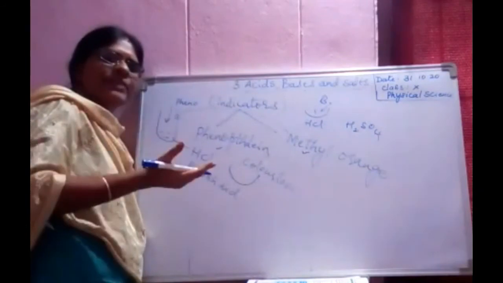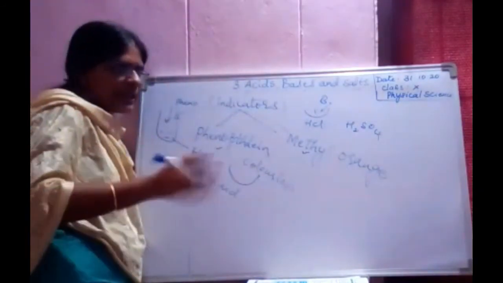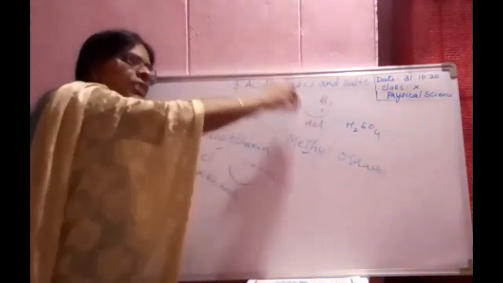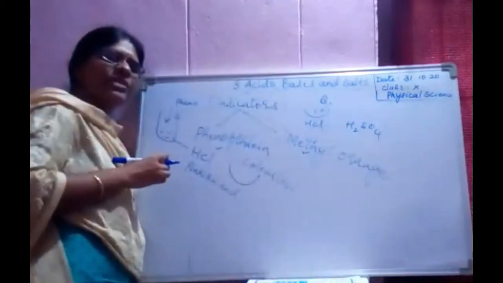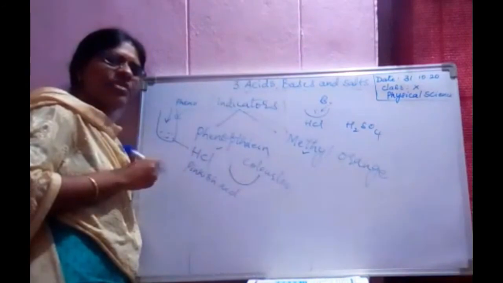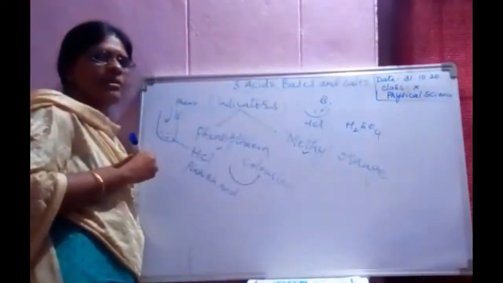I observed that there is no change in the color. Next, what I have taken, methyl orange. Again I have added methyl orange solution into HCl. What I have observed, pinkish red color is observed. Okay.